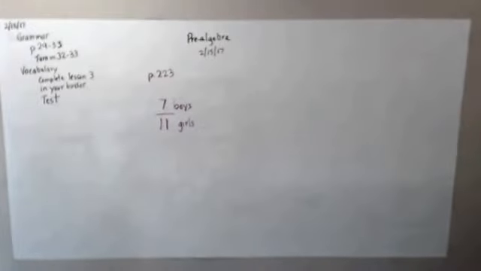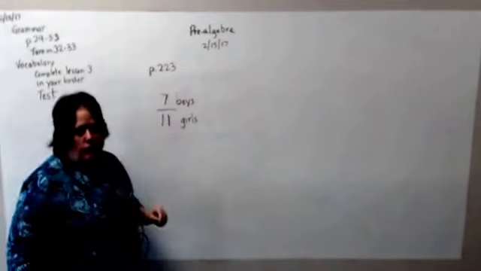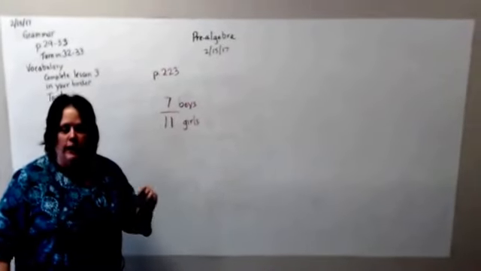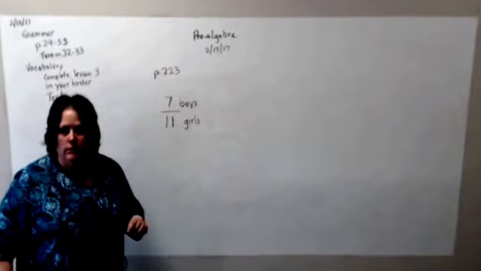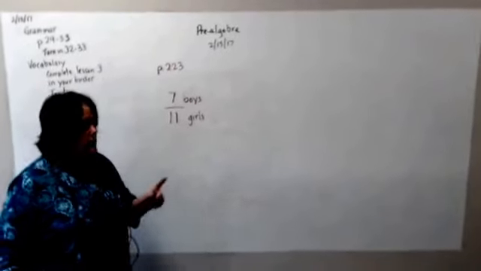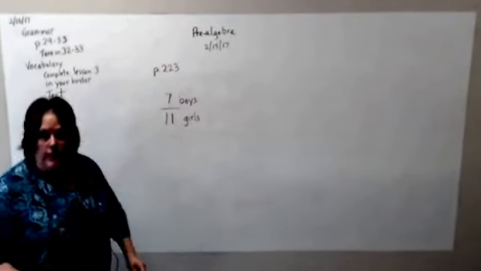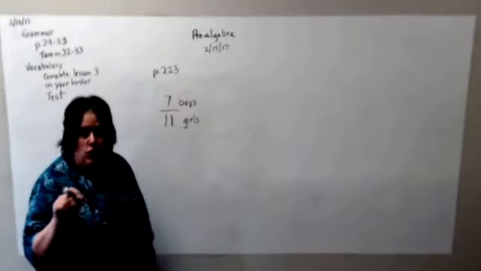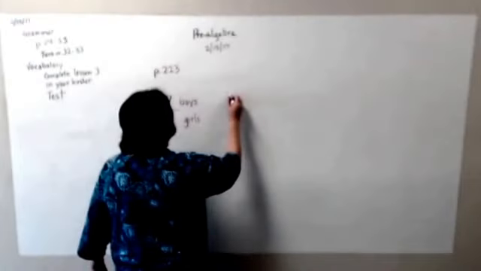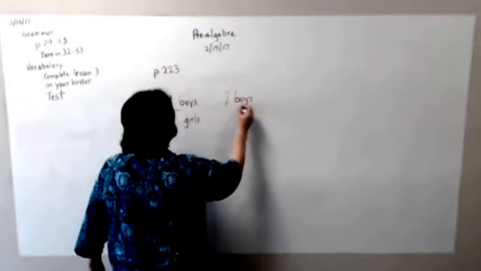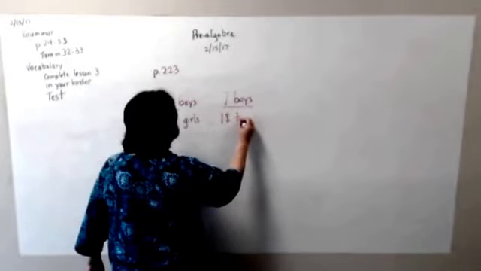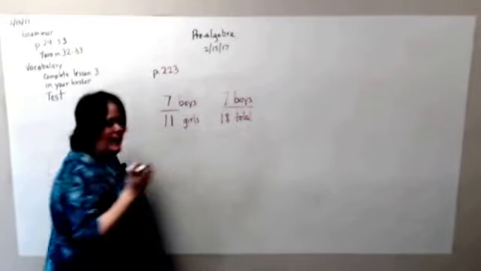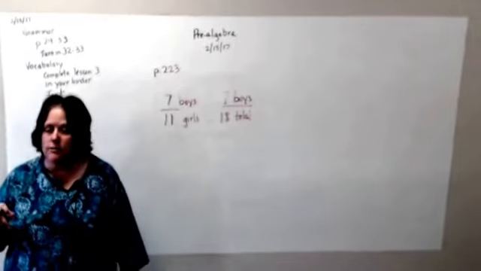But whenever we have one ratio, we really have three. If I have 7 boys to 11 girls, how many do I have altogether? 18. 7 boys and 11 girls, right? 18 total students. You look for the total. So I have 7 boys for every 18 total, don't I? Out of every 18 total students, I have 7 boys.